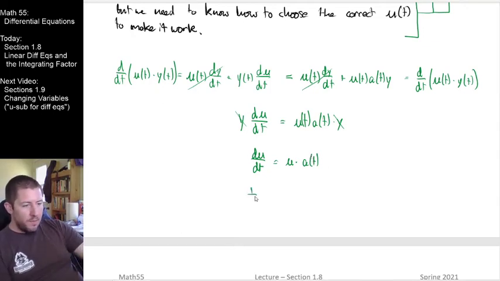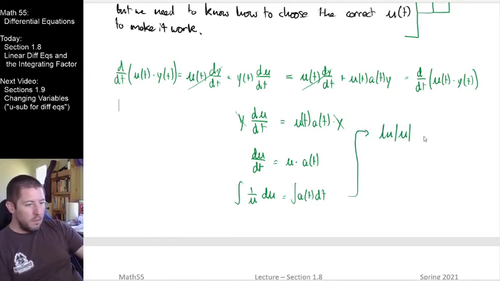I'm going to do some separation of variables right here. And we'll integrate. The natural log of mu appears to be the integral of whatever a of t dt is.